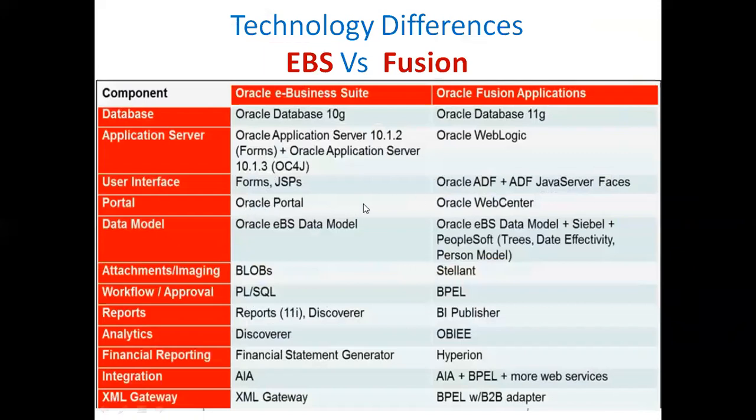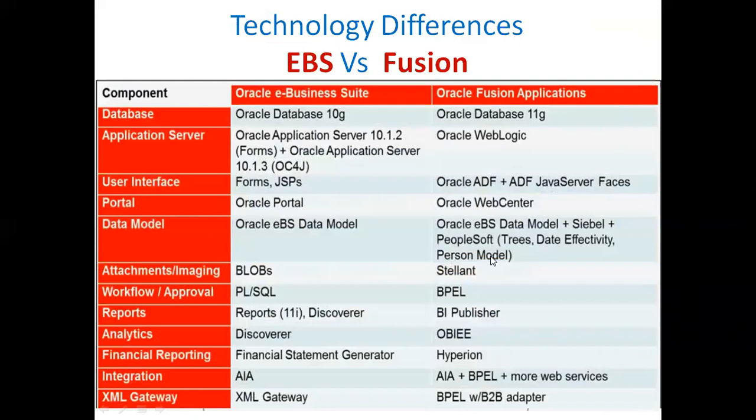Okay, and for portal we had Oracle Portal. Now we are using Web Center. EBS data model is what we had, and here it is the Oracle EBS data model plus CBEL plus PeopleSoft trees and data effectivity and person model.